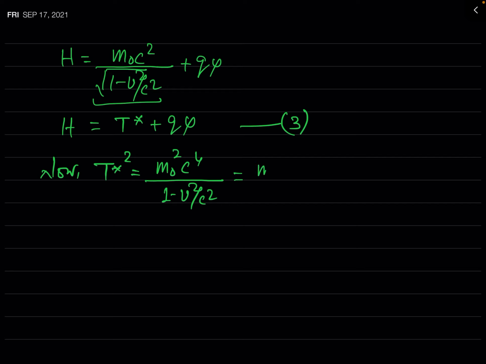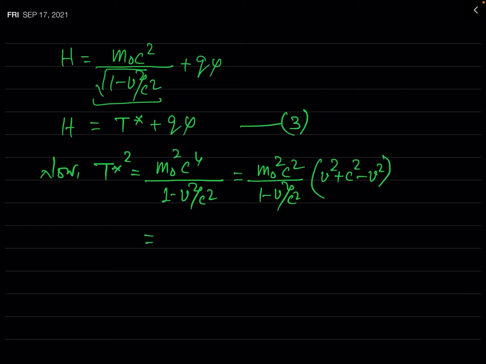Now here I am going to use simple algebra to express this result in a particular manner. This is m naught square c square over 1 minus v square by c square, and since you have taken c square, the remaining factor is c square, but here I am writing v square plus c square minus v square. Since this v square will cancel out, the result remains the same.